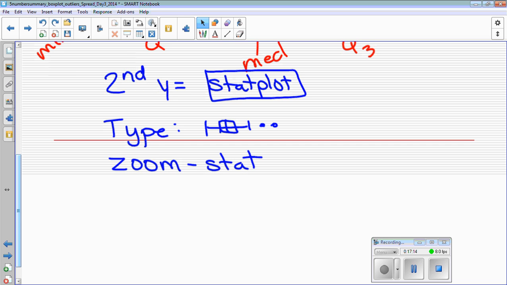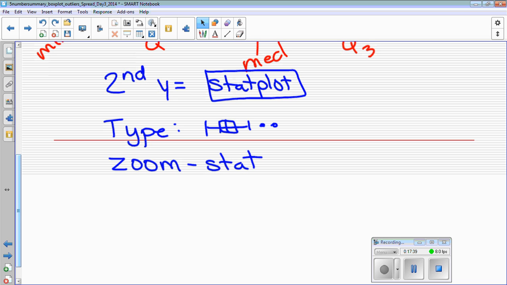And if you remember, if you hit the trace key and arrow over, it will also show the quartiles. Just to review. Okay? So again, trace, which is up at the top, and then arrow over. Finding where all these buttons are on the calculator, I think, is half the battle. Okay? Zoom, trace, all at the top.